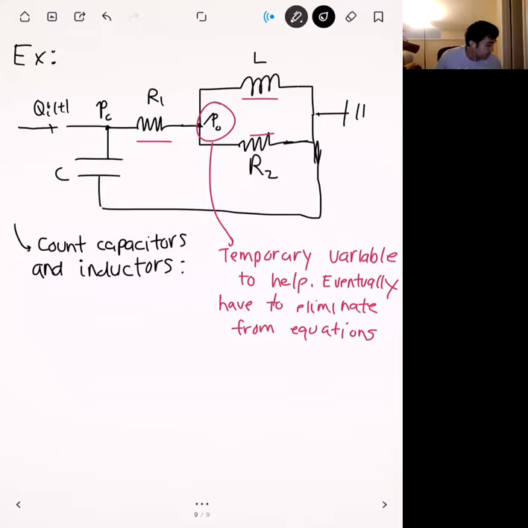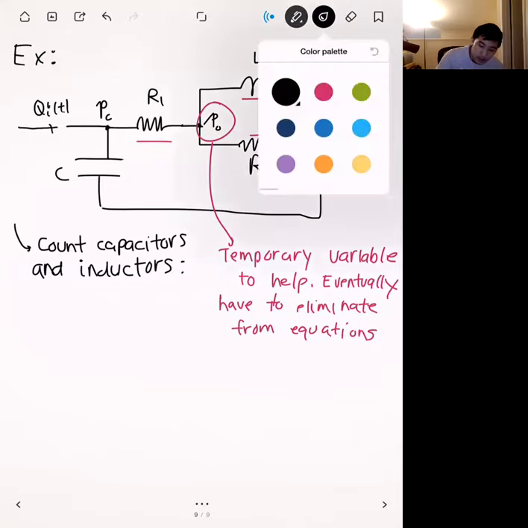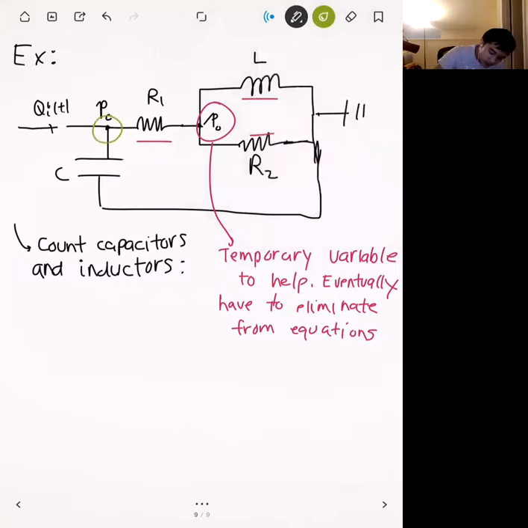The first thing we want to do is a differential equation for the first capacitor. So let's do conservation of mass at this node right here.